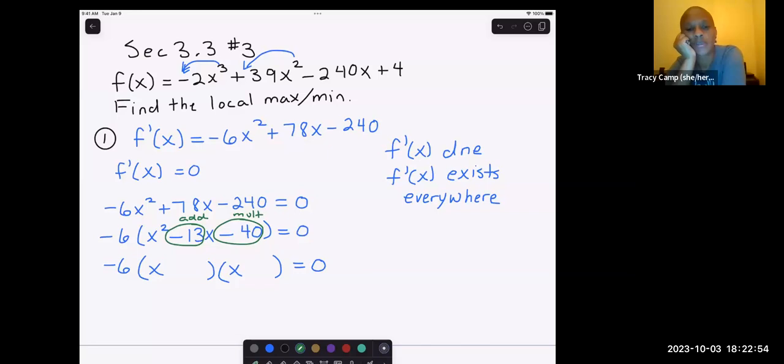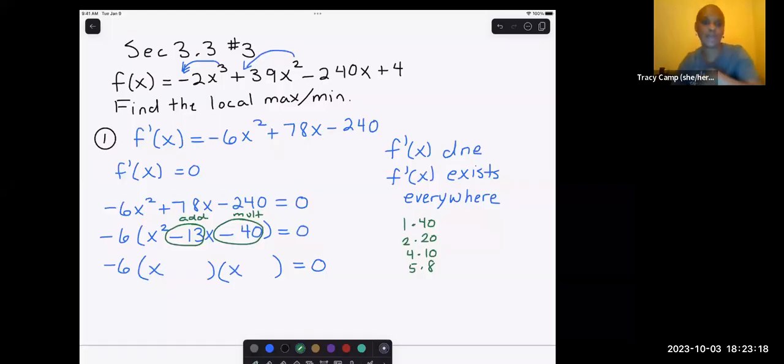I'm just going to go down the list because I can't think of the numbers right now: 1 times 40, 2 times 20, 3 won't go into 40 evenly, 4 times 10, 5 times 8. When I can't think of the numbers, I go down the list and the numbers come up. And if they don't, that means it can't be factored. But I got 5 times 8.